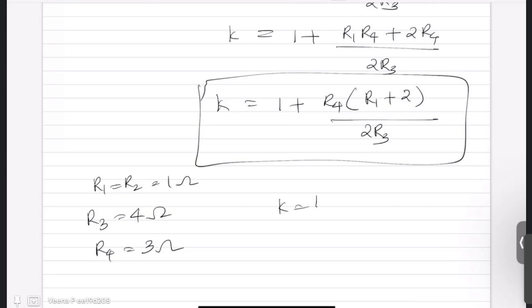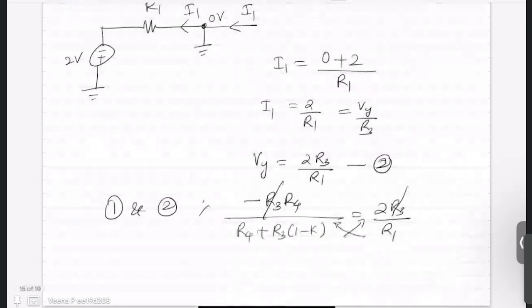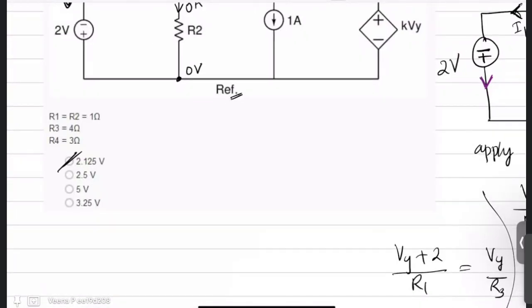So if you substitute, this becomes 1 plus R4 is 3, R1 is 1 plus 2, divided by 2 times R3, which is 4. So this comes out to be 2.125. So the value of K is 2.125.